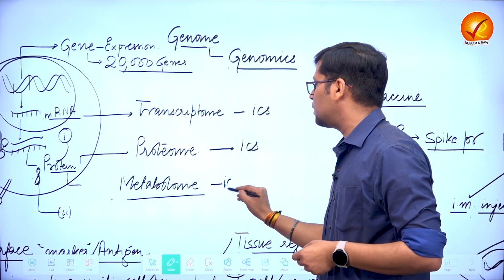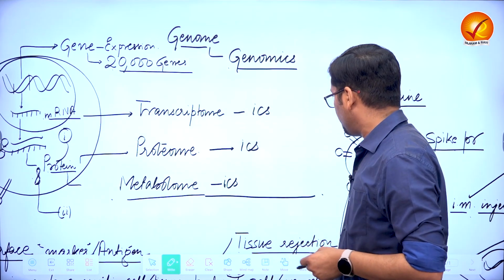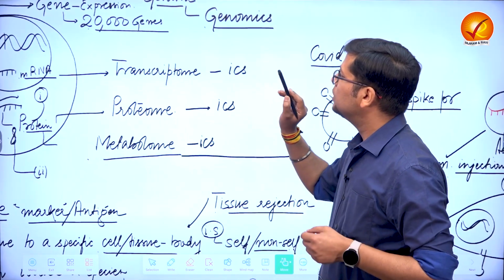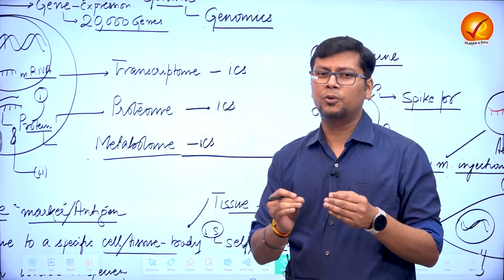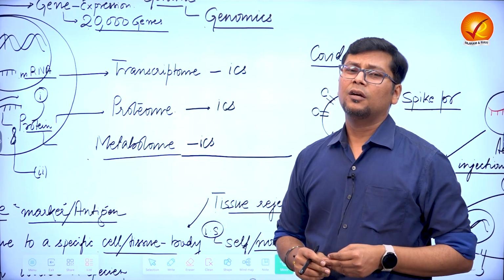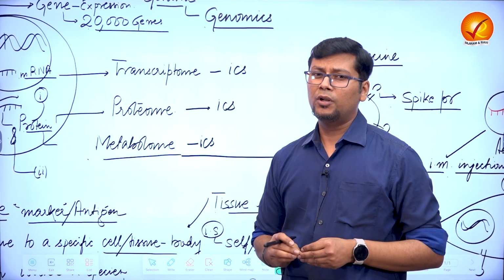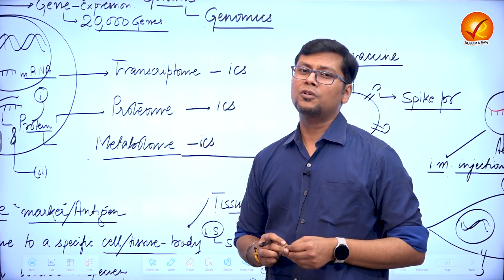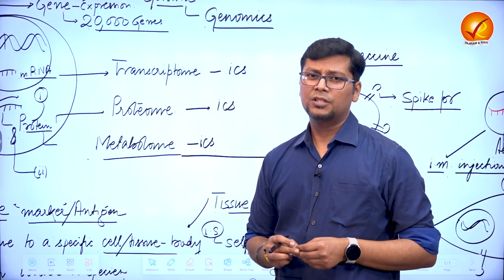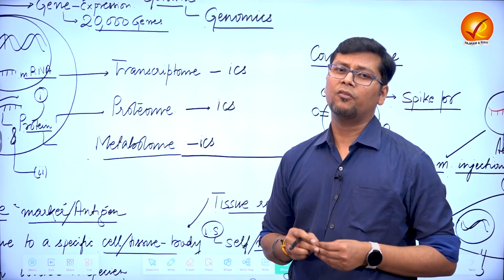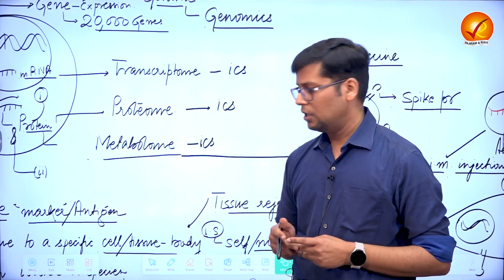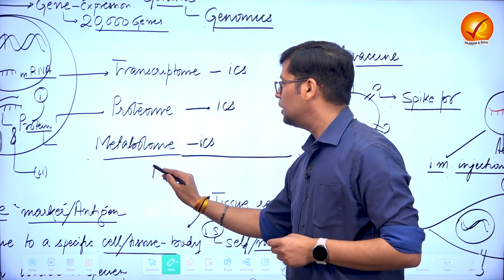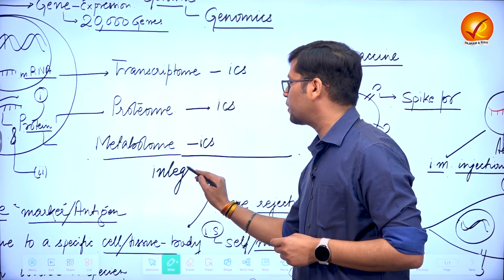Metabolome will be called metabolomics. And people, all these genomics, transcriptomics, proteomics, metabolomics are good windows to look into the health status of an organism. They are all studied together in a more holistic way and are better called integrative omics.